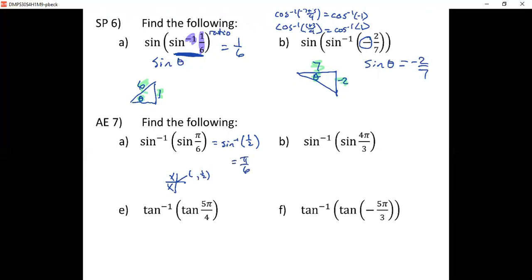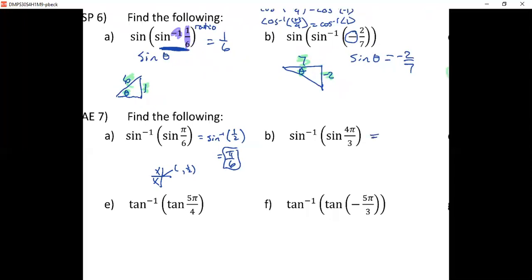So in this problem, they do undo each other, which is great, but this answer is not 4 pi over 3. It is not 4 pi over 3. So they don't just undo each other, we have to be careful. Let's figure out why. This problem says the inverse sine, and the sine of 4 pi over 3 is negative square root of 3 over 2.